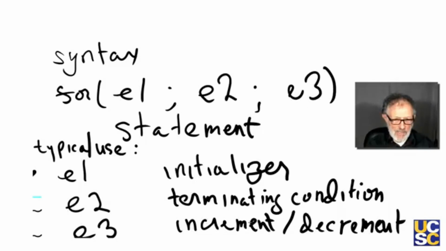E3 is typically either increment or decrement. So the terminating condition frequently involves an integer expression or variable, and then incrementing or decrementing that integer leads to a termination condition. And that's how you typically write or use a for statement.